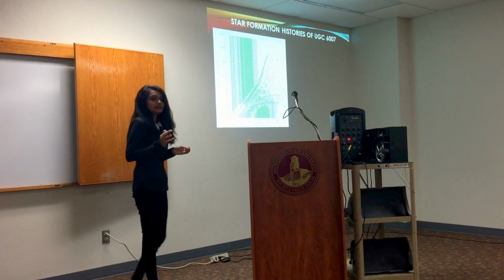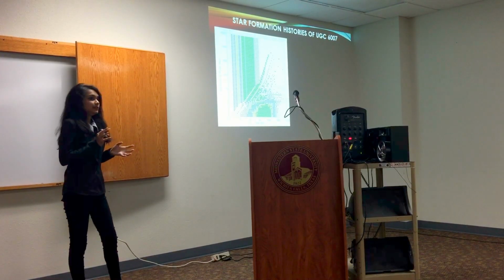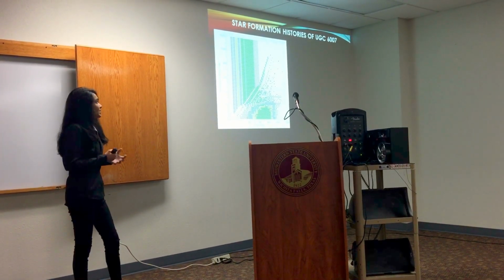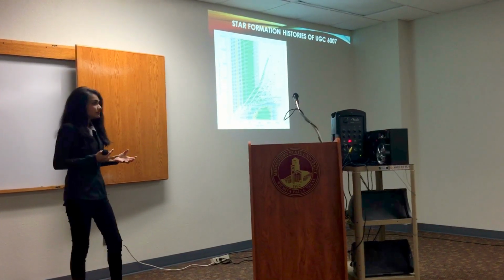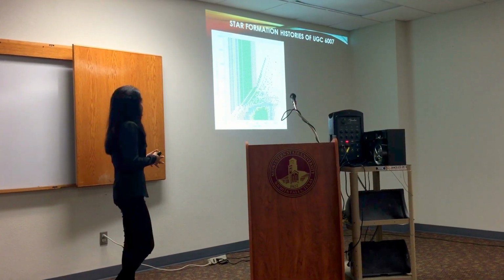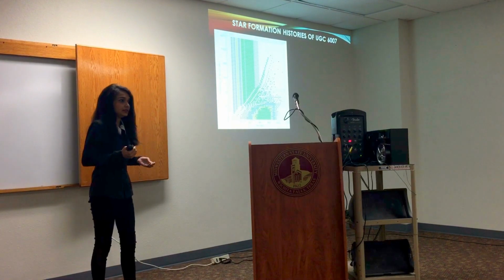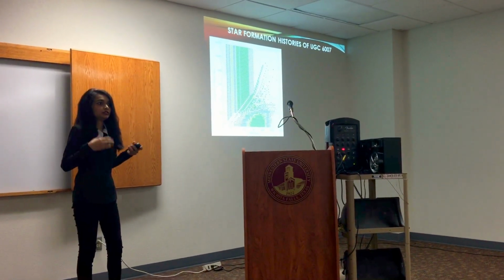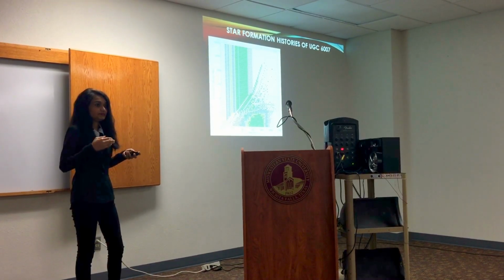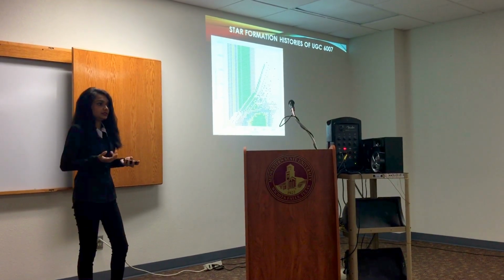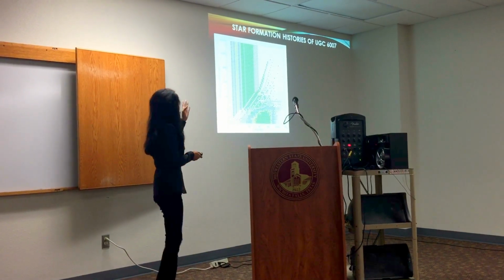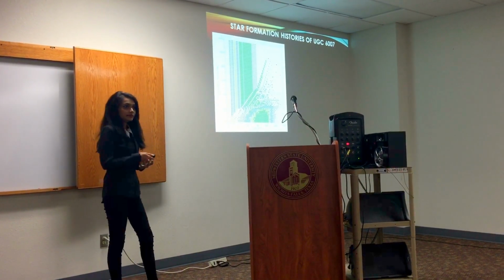The green dots are better fits. That means they represent the color of these galaxies better, and they represent star formation histories better. So if you have larger green dots, that means it's a good fit. It's very close to the true star formation history of that galaxy, and it's with the true metallicity value.